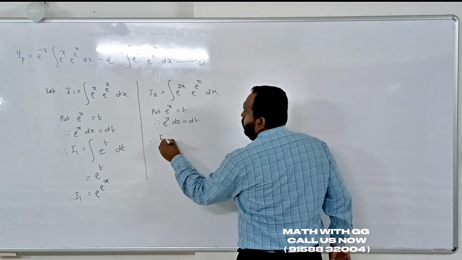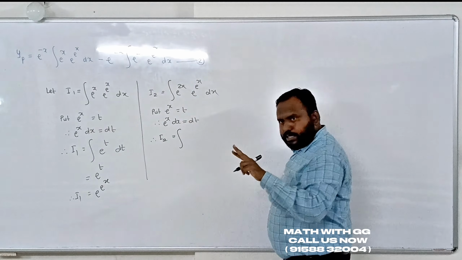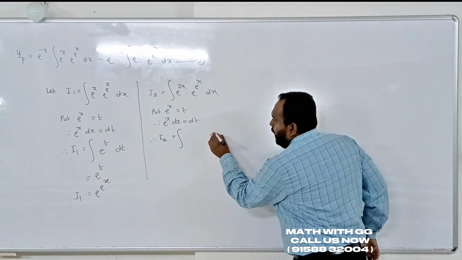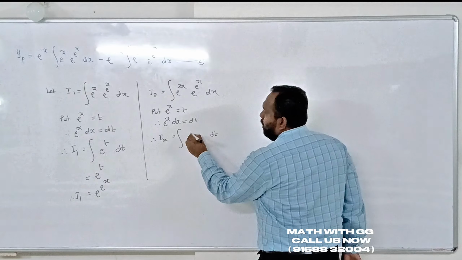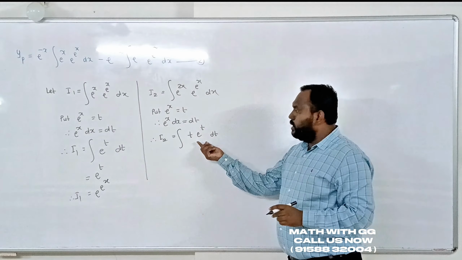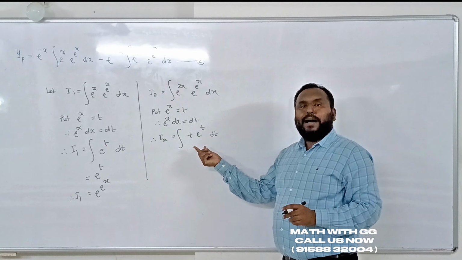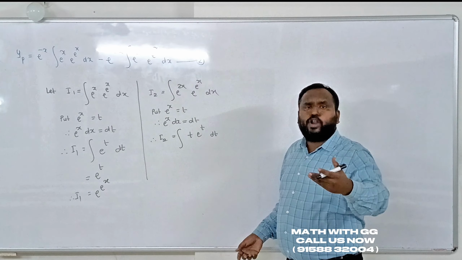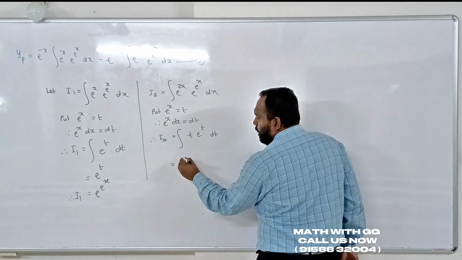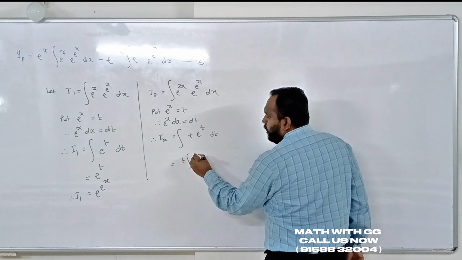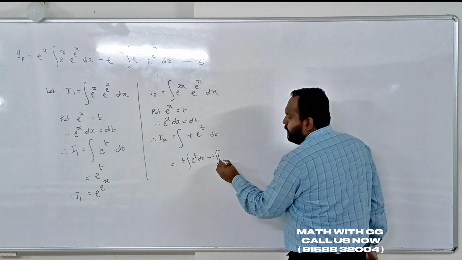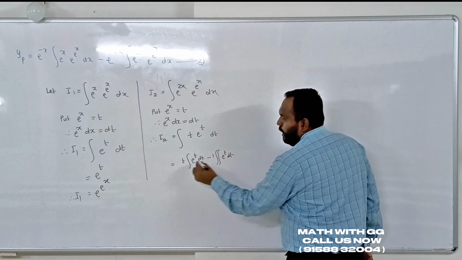Therefore, I2 equals integration t e raised to t dt, as e raised to 2x is split into two parts. One e raised to x dx is replaced by dt, and the one remaining e raised to x is t. Here we will use integration by parts, the ILATE formula, where t is a polynomial. So t integration e raised to t minus derivative of t, which is 1, times integration e raised to t dt.